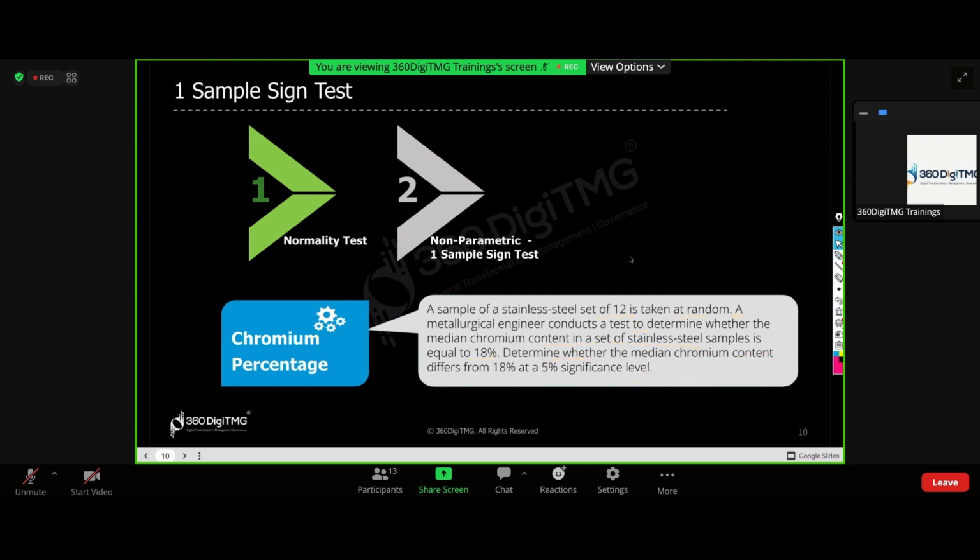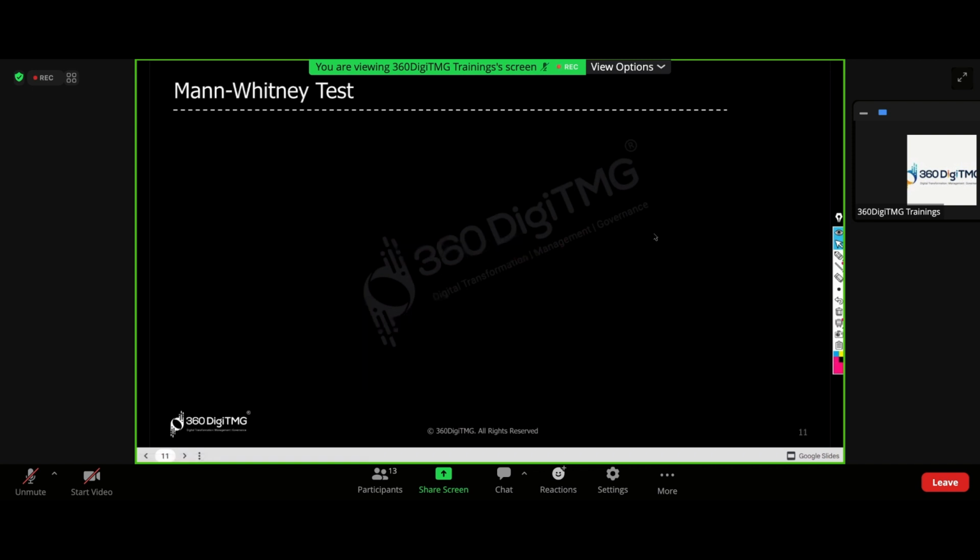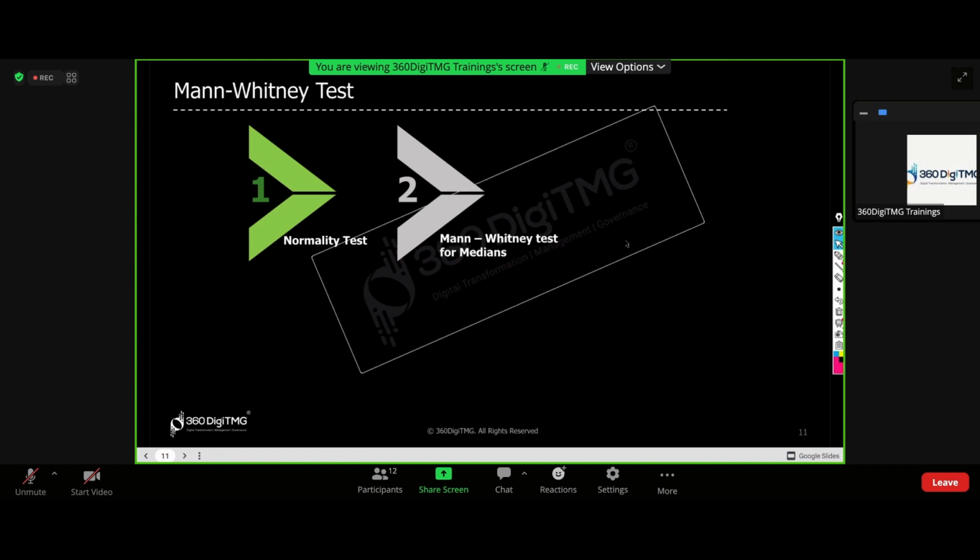And when you have this kind of data, you check first for the normality test, and then you go for the non-parametric sample sign test. So based on different business problems, you have different solutions, methods, as well as techniques. Then you have Mann-Whitney test for medians.